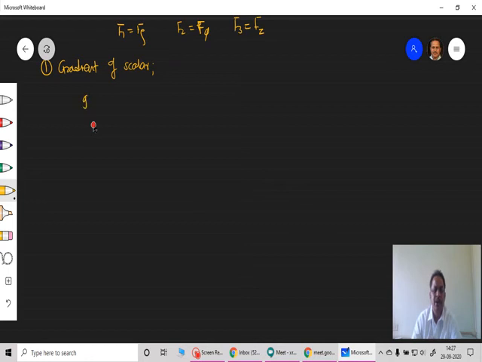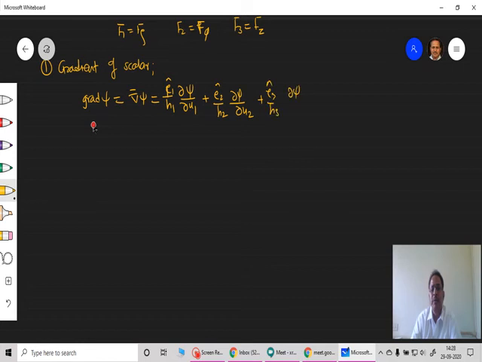Let's know that grad psi is defined as, if you remember the expression, grad psi is equal to e1 cap upon H1 into del psi upon del u1 plus e2 cap upon H2 into del psi upon del u2 plus e3 cap upon H3 into del psi upon del u3. This is the standard expression for the gradient of scalar function psi in the orthogonal curvilinear coordinate system.